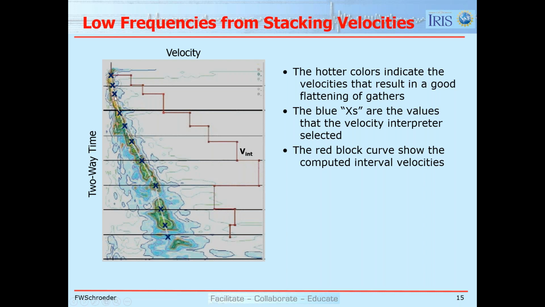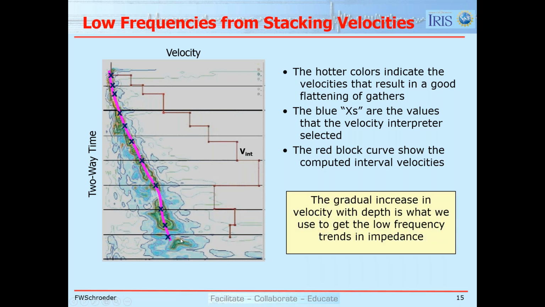And so a velocity analyst has picked the locations where the blue X's are as defining the low frequency trend in velocities. The red line is the interval velocity based on those particular picks where the blue X's are located. So we can fit a curve through those stacking velocity picks, the blue X's, and that gives us a low frequency trend to the seismic data.